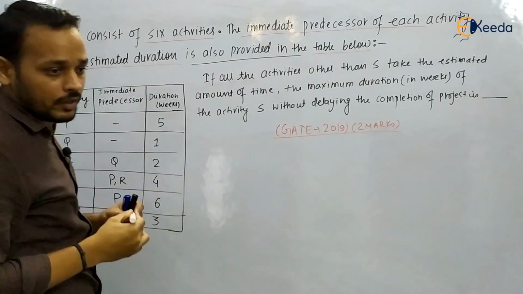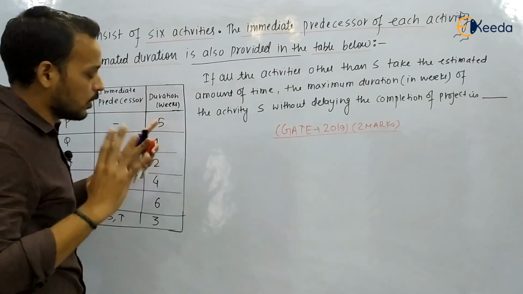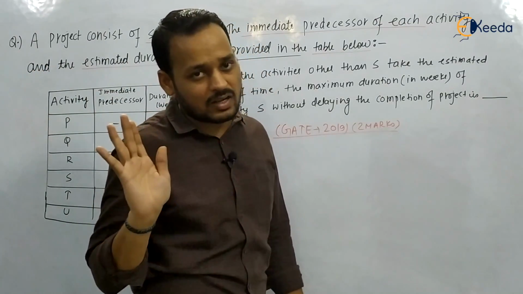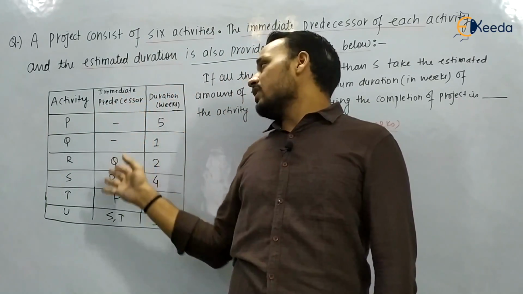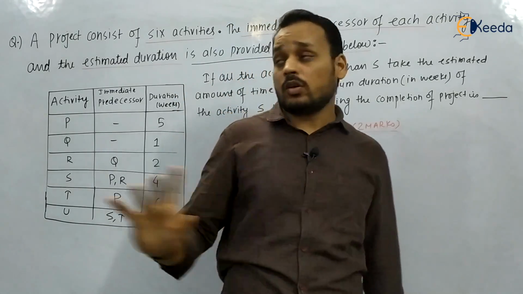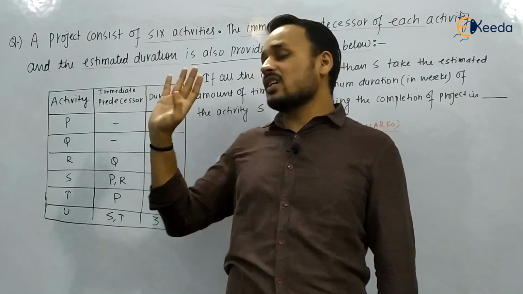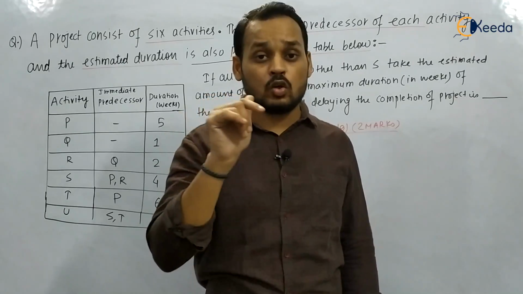So you already know that the activity, the precedence relationship and the duration will be given to you. It means you have to draw the network diagram. Which network diagram? Activity is given and the immediate precedence is given, so you have to draw the activity on arrow diagram.